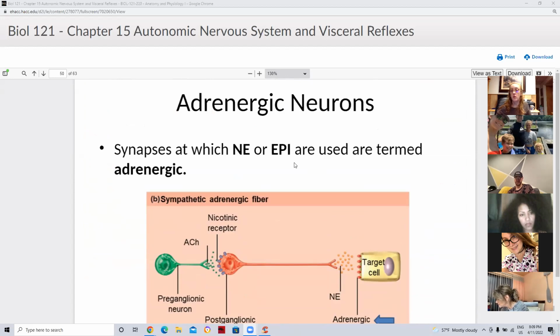Synapses where norepinephrine and epinephrine are used are termed adrenergic.